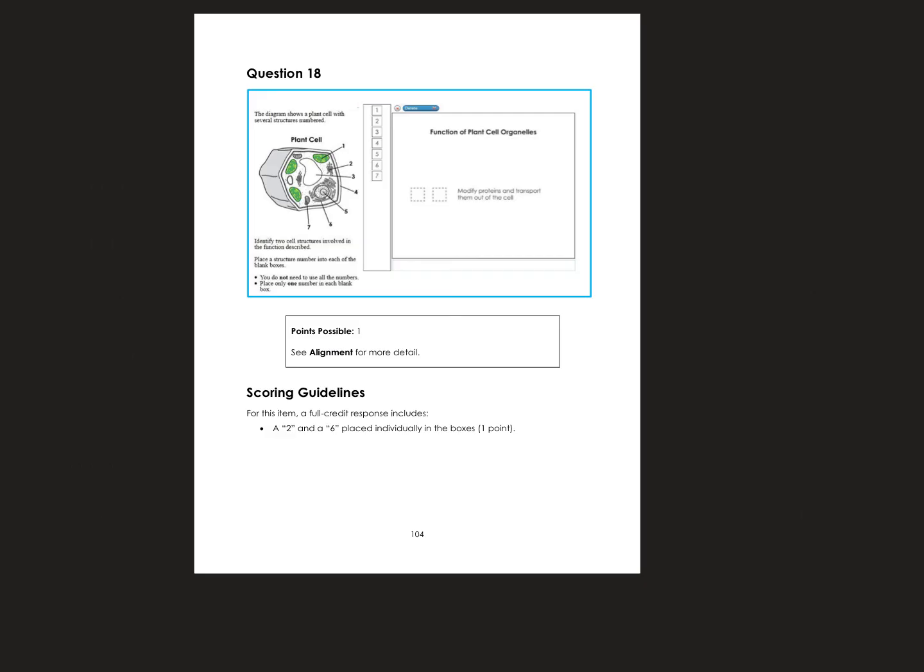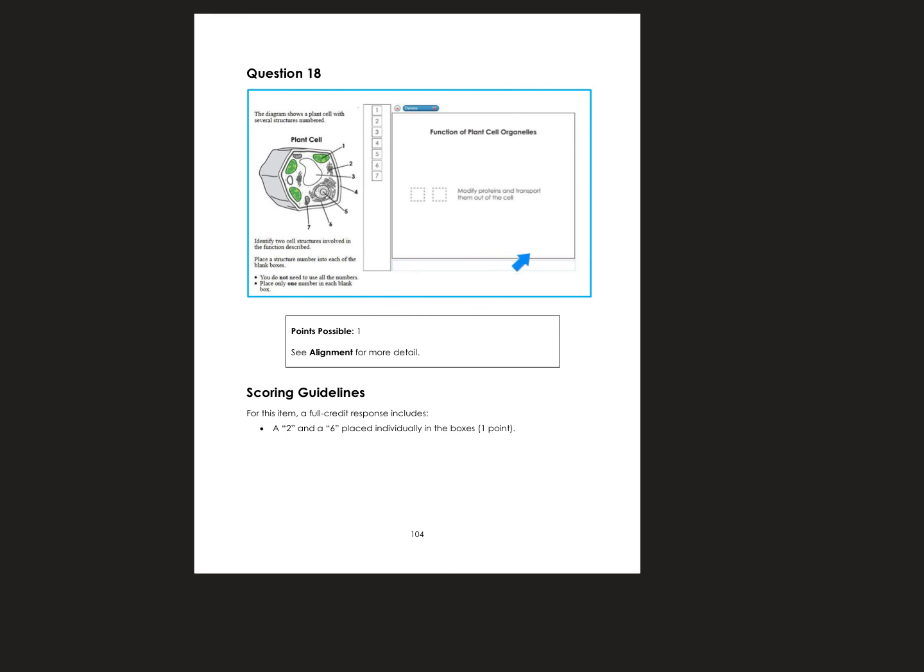Okay, function of plant cell organelles. So the stacks of thylakoids, you should already be thinking chloroplast. There's the nucleolus. This is endoplasmic reticulum, rough or smooth, it's hard to tell from the picture. This is mitochondria. Again, Golgi body and cell wall.